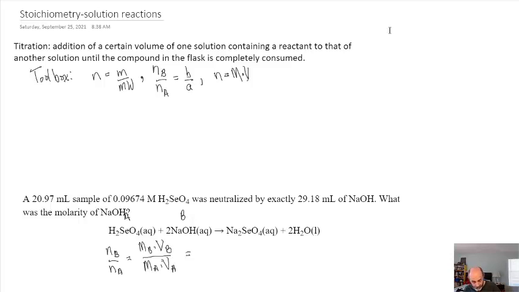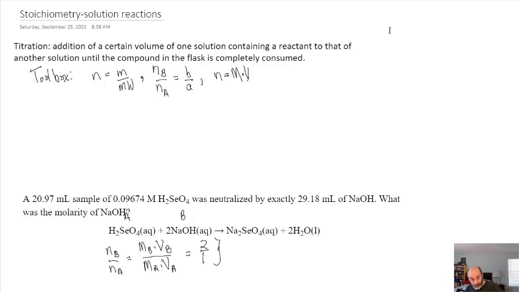And that will be equal to, in this case, the stoichiometric coefficients, which are 2 for the base and an implied 1 for the acid. That's our fundamental equation that we're going to use.